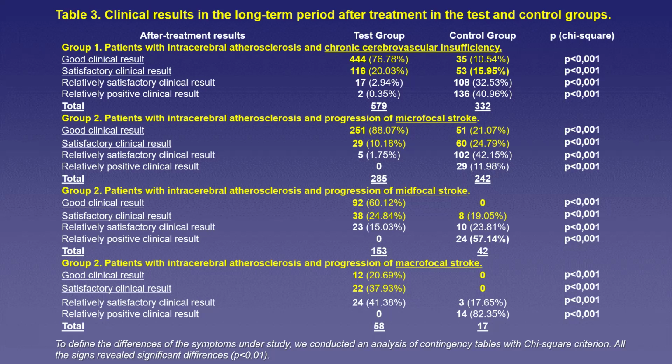For group 2, which were the patients with intracerebral atherosclerosis and progression of microfocal stroke, good clinical results were shown in 20.7% of patients, and the control group didn't show any results in that category. Satisfactory clinical results were shown in 37.9% of patients, and the control group didn't show any results in this category. Next slide.